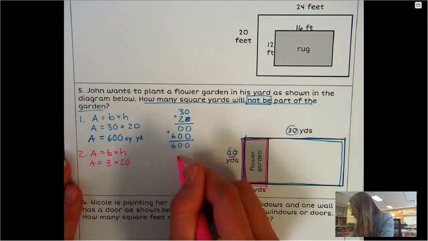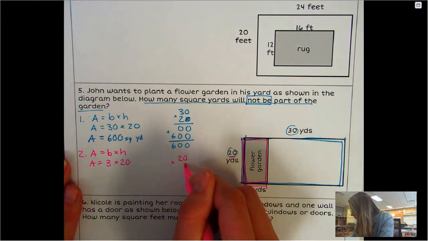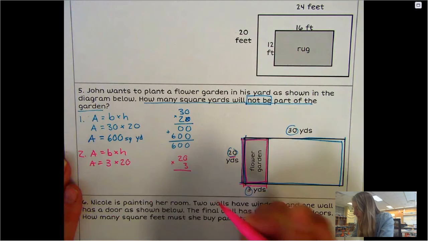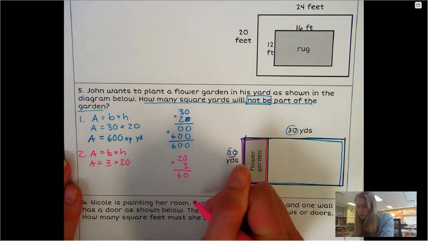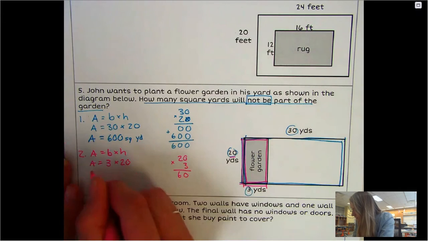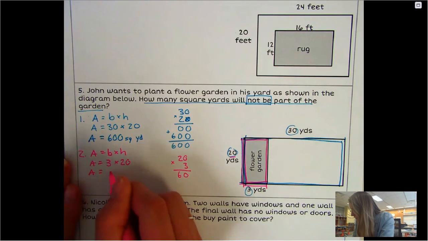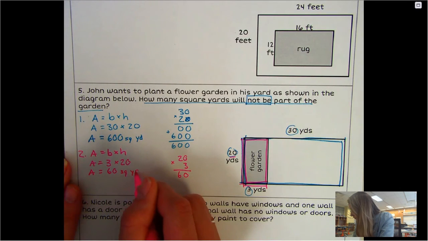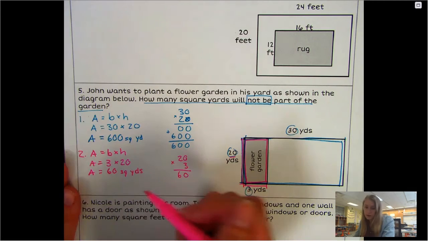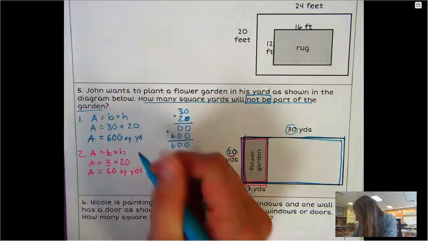We have 20 times 3. 3 times 0 is 0. 3 times 2 is 6. I don't have to do anything else down here because it was just a single digit number. So now we know it's 60. So my area for this one is 60 square yards. I could put an S at the end there for yards.